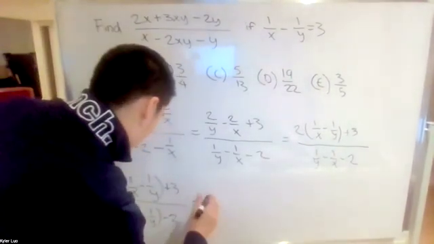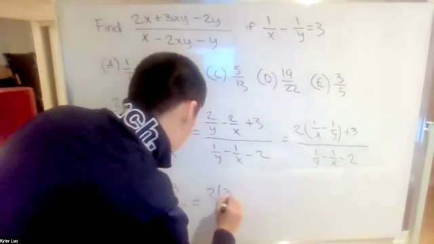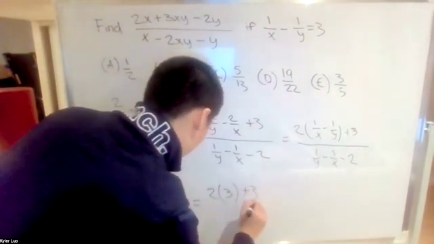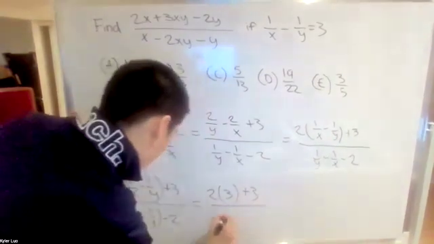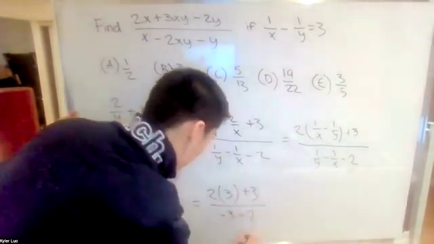We have 2 times 3 plus 3 on the top, and negative 3 minus 2 on the bottom.